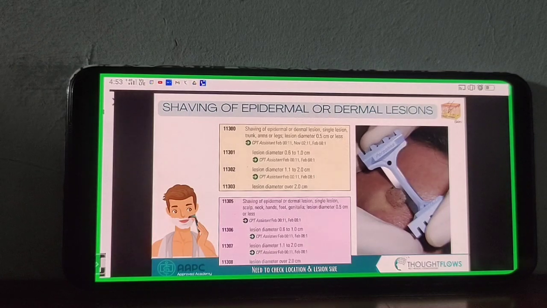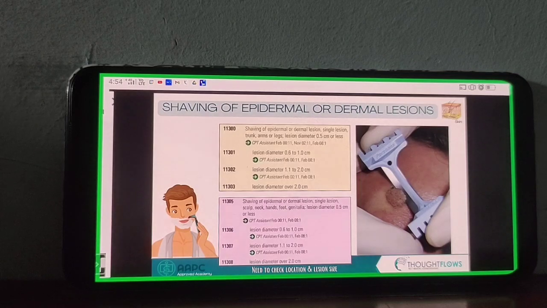For the concept of excision, shaving, and destruction, D-E-S-T-R-U-C-T-I-O-N, destruction, we should report each lesion separately. For the concept of excision, shaving, destruction, should report each lesion separately.